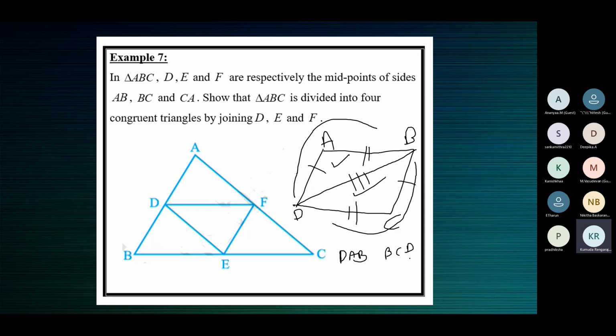Because what is congruency? Congruency means identical. So when we say that the triangles are congruent, that means they have the same area. Congruent triangles are identical triangles, so identical triangles will have the same area. But if two triangles have the same area, they need not be congruent.